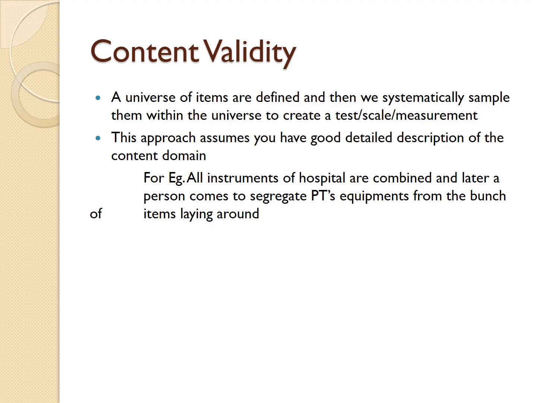So you want to come up with a new outcome measure, let's say for the shoulder, but if we include functional activities such as sit to stand or stepping, then it can affect the content validity because it's not related to it. You see where I'm going? Earlier, in the example for the hospital, there were different items and you were asked to take out the physical therapy items, one particular set of items relating to a particular field.